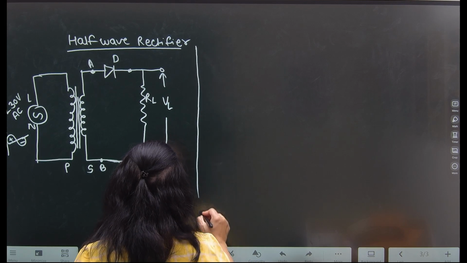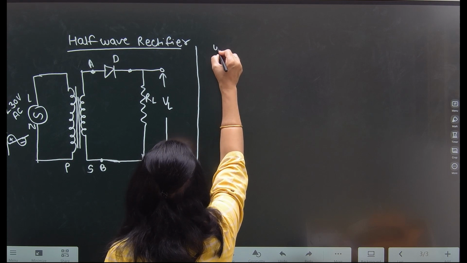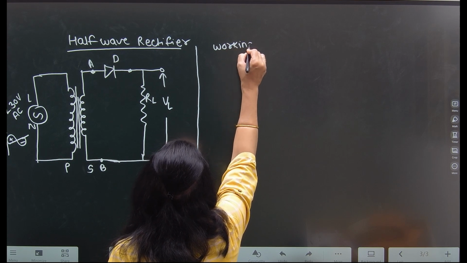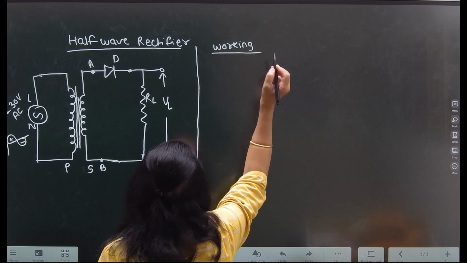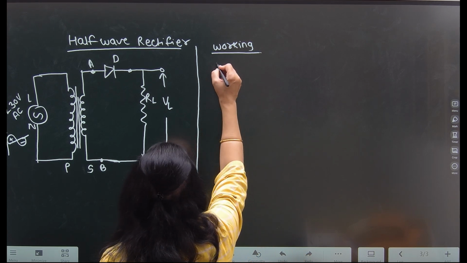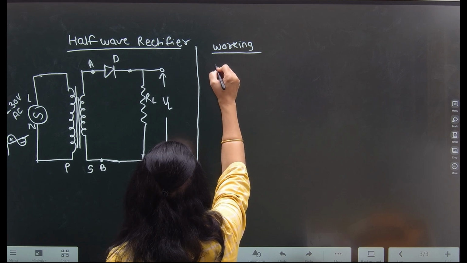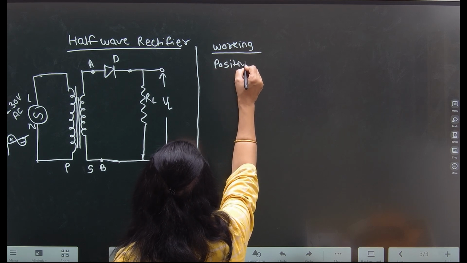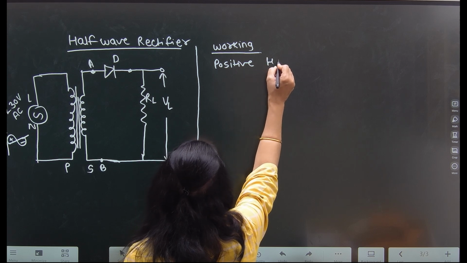So here we'll see the working of the half wave rectifier. The working of the half wave rectifier is divided into two parts, positive half cycle and negative half cycle.